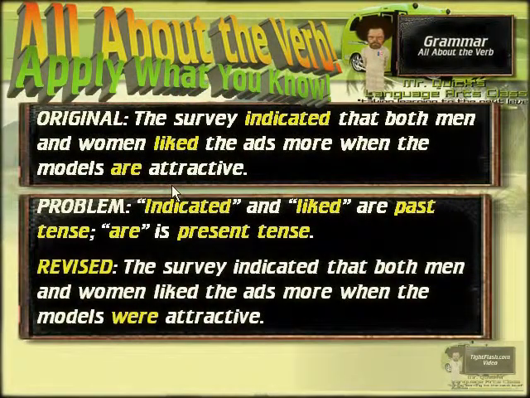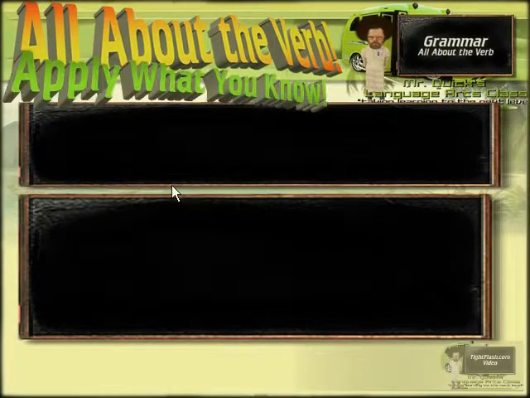So when you have multiple clauses in a sentence, you need to make sure the verbs are all in sync logically. Now, you can change the tense of verbs in a sentence, but there has to be a logical reason why you're doing that. And of course, we get more into that when we talk about shift in verb tense.